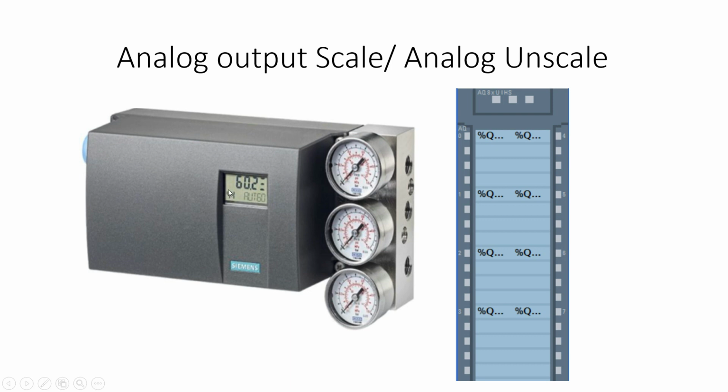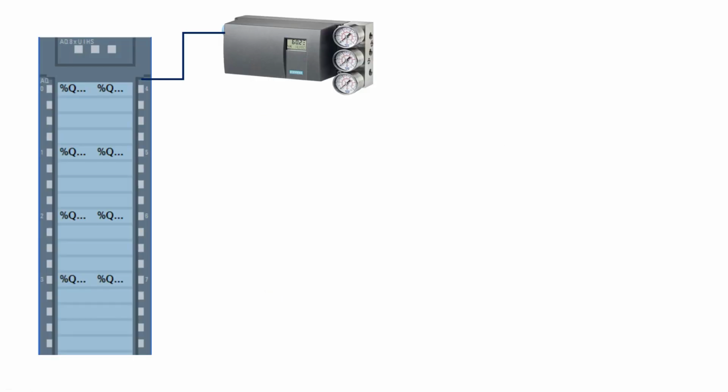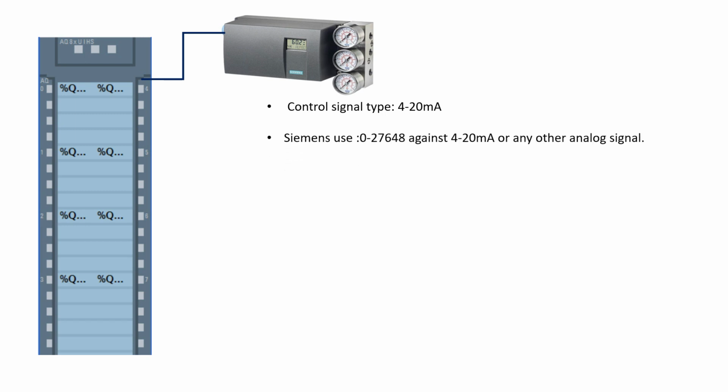And to control the actuator through this I2P converter, we need an analog output signal, and that signal we will take from the analog output. Here our control signal type is 4 to 20 milliamps, and you know, as we already discussed in the analog scale video, that Siemens uses 4 to 20 milliamps against 0 to 27648, or any other analog signal like a voltage signal.